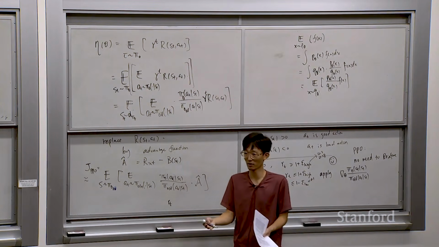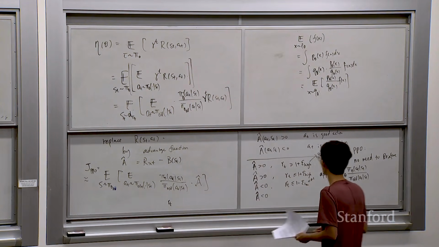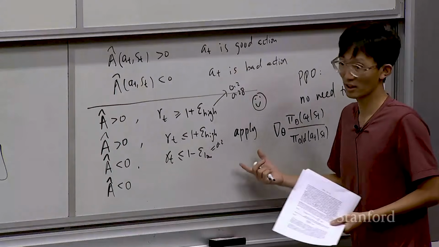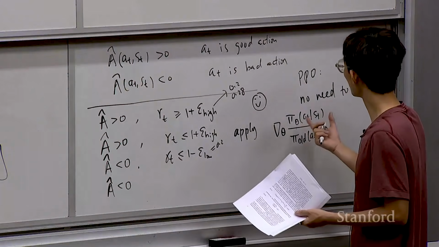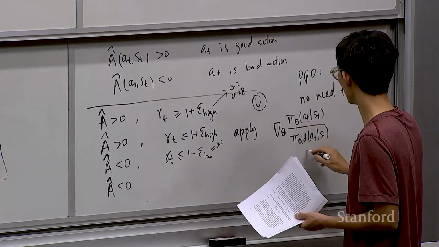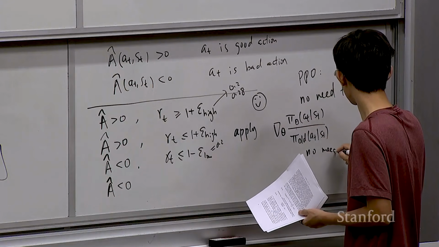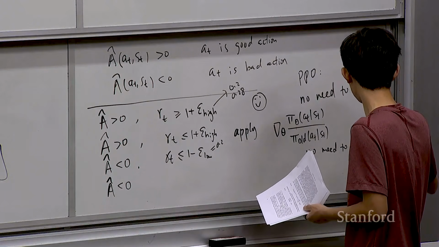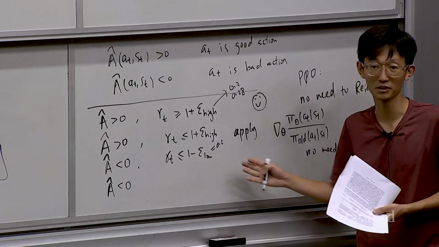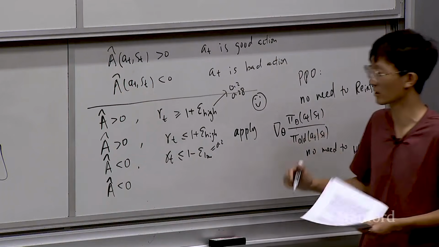So you are already going in the right direction. In this case, PPO will say no need to update. This part is also zeroed out, so you don't have any gradient.